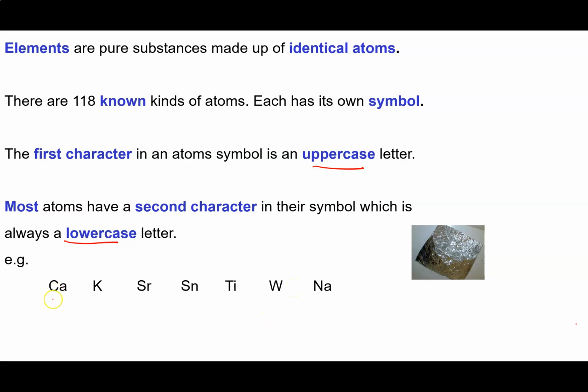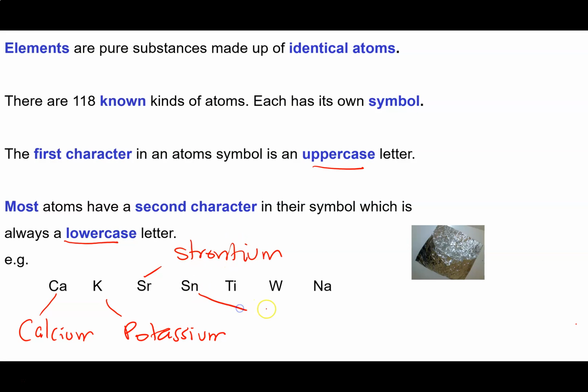So here we go. This is the symbol for calcium. This is the symbol for potassium, and this is the symbol for strontium. This is the symbol for tin. That's the symbol for titanium.